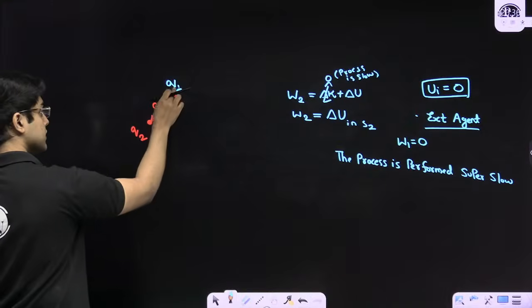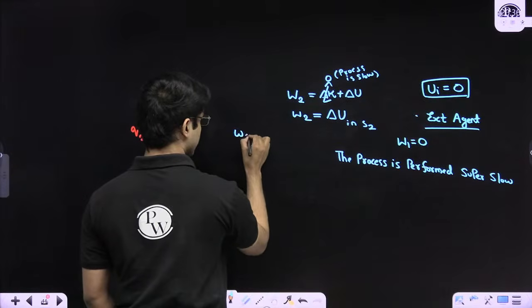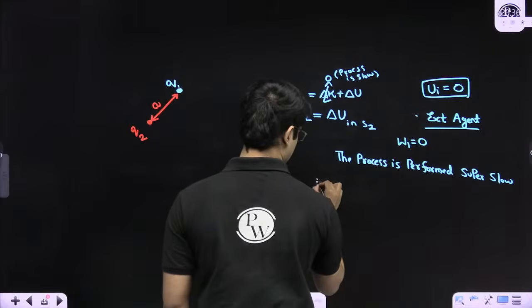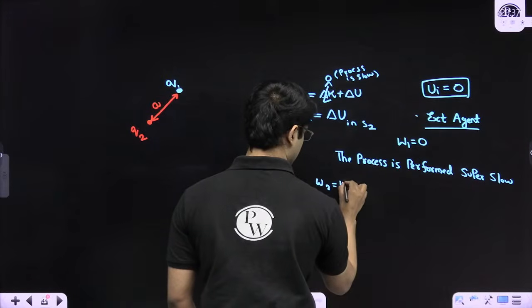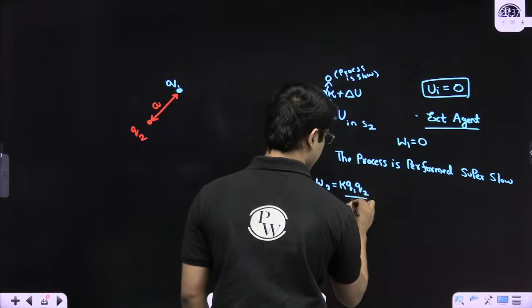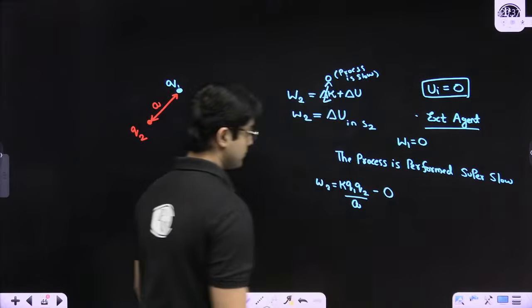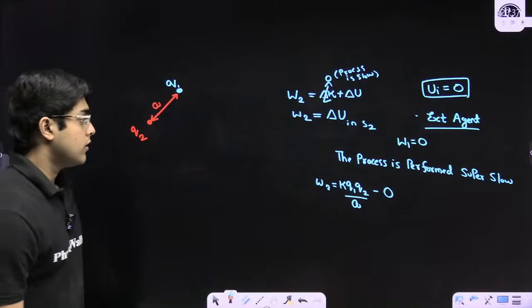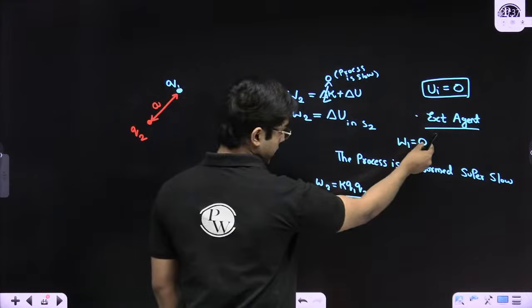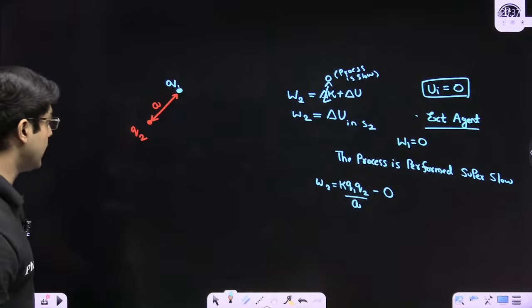Now the potential energy is K Q1 Q2 by A. So W2 we can write as K Q1 Q2 divided by A. This was the final potential energy minus 0. So work done by agent in step 1 is 0, and in step 2 it is K Q1 Q2 by A.